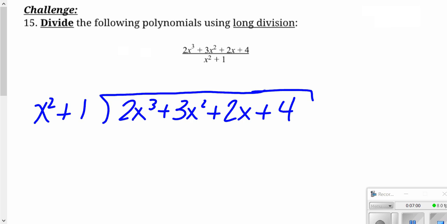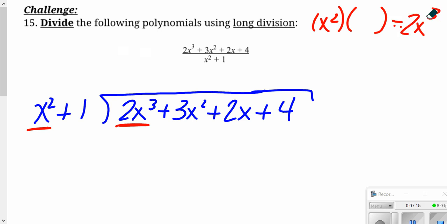Then you just look at the beginning part of each polynomial. What do you multiply by x squared to get 2x to the third? So what I asked out loud was x squared times something is 2x to the third. So what I need is a 2 and an x. So 2x is what I write up here.